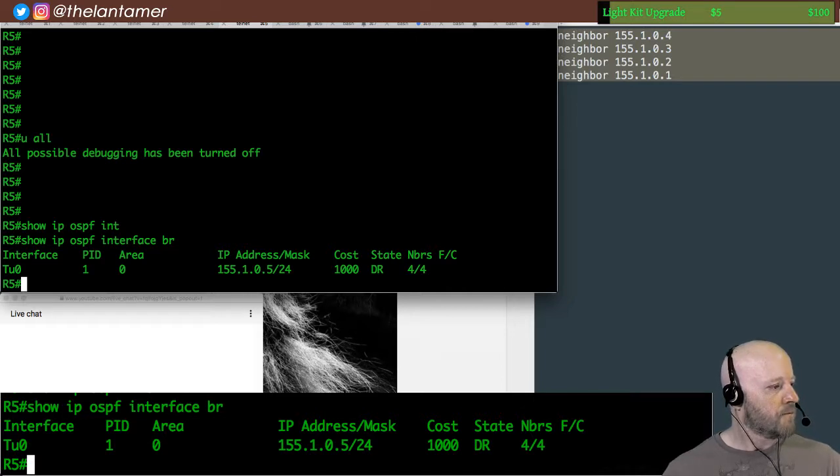Yeah, the default network type on a DMVPN interface, which is GRE, is point-to-point. That's what it would show before we changed it.